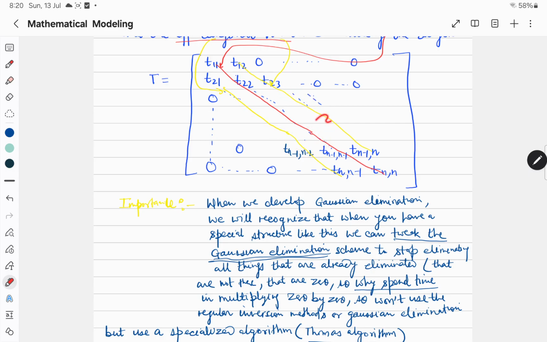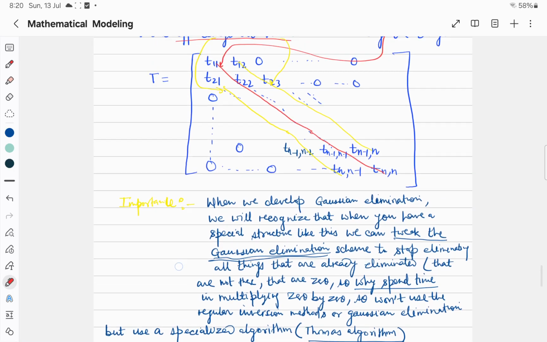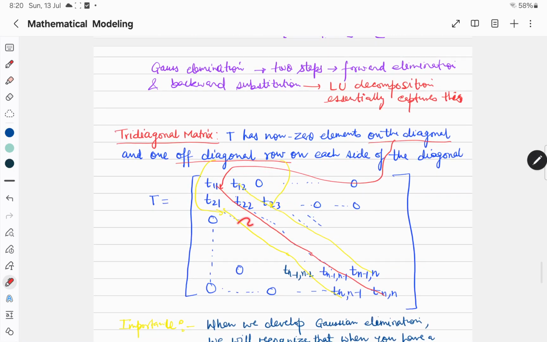So recognition of these matrices is very important, and they occur very frequently. It is very common to get a tridiagonal matrix, because if you are discretizing a partial differential equation, then at every grid point the solution will depend on the previous grid points.